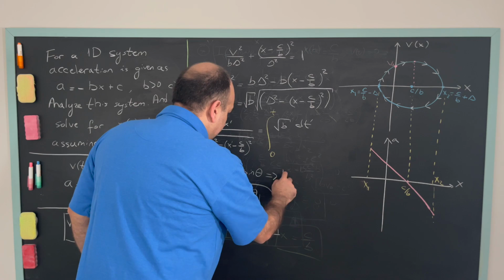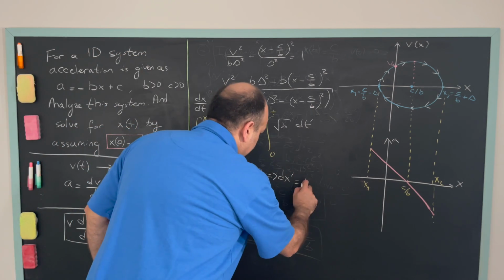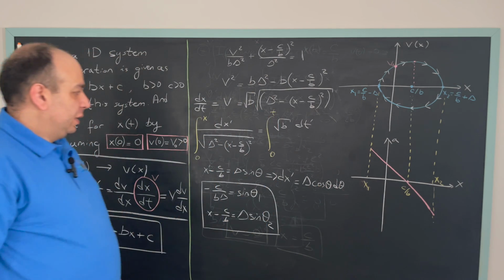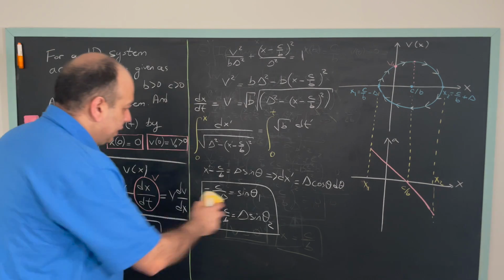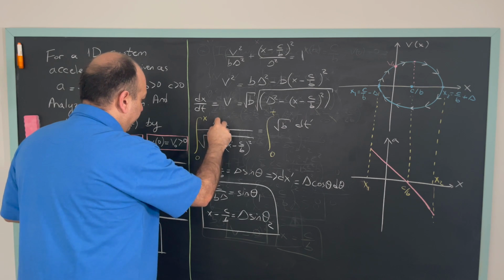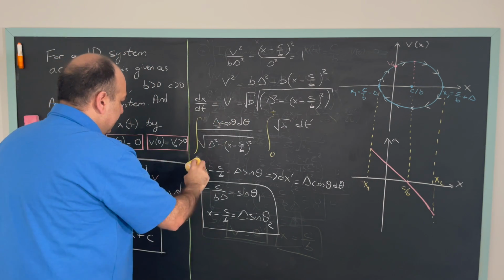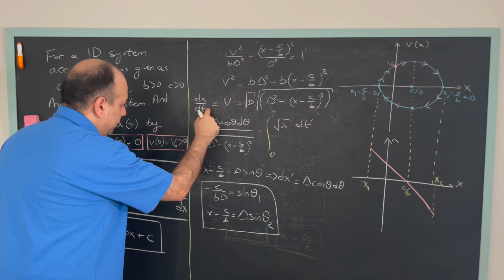So using that, what we can also say is dx prime is equal to delta cosine theta d theta. Okay. So using these, dx prime becomes delta cosine theta d theta. So the limits are now theta 1 and theta 2.